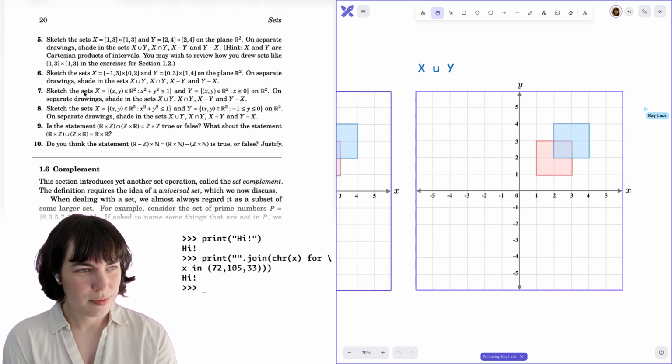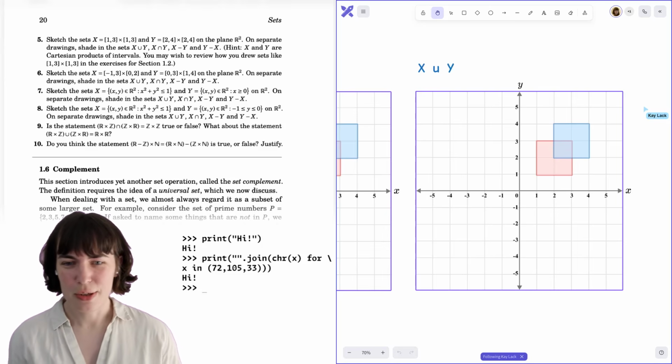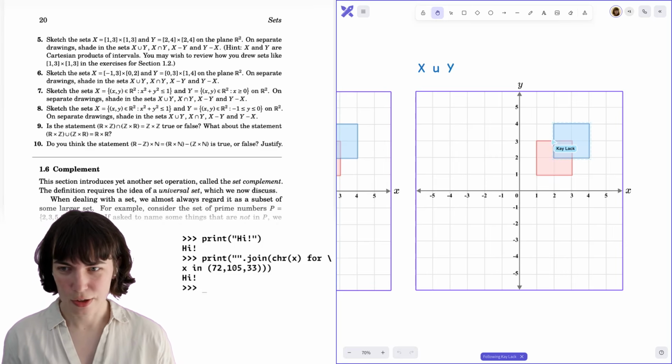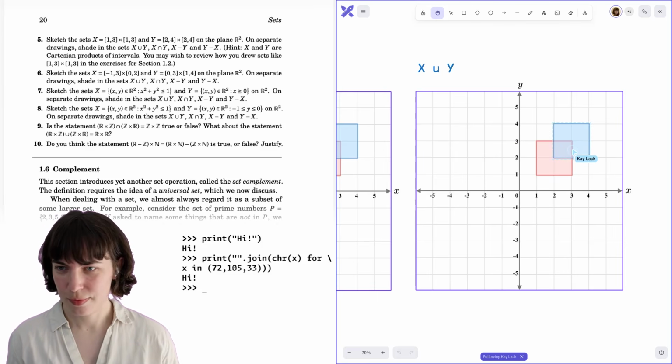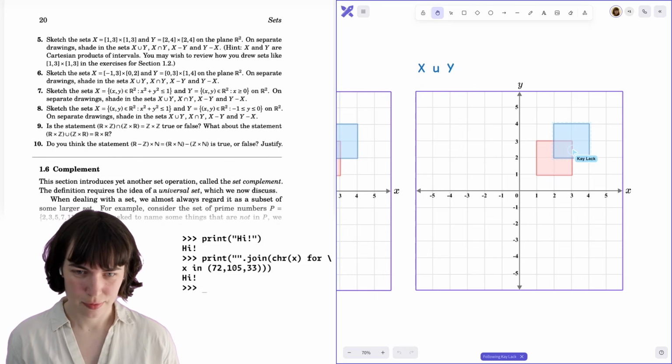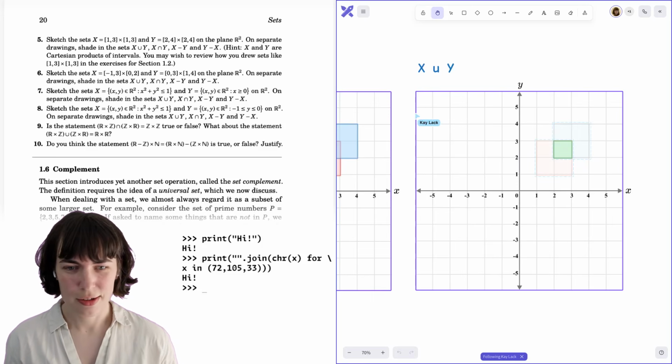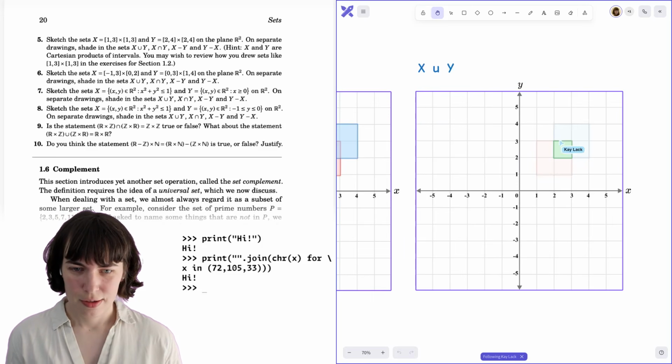Where were we at? Oh yeah, we're going to do intersection. So here, let's have the intersection in green. Let's bold this up.